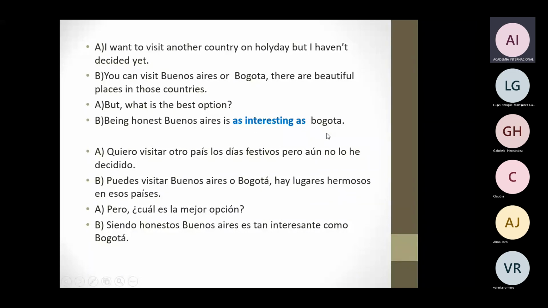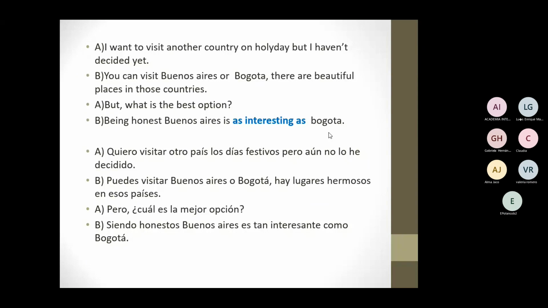They are equal, ¿verdad? They are the same. Es lo mismo. Dice que son tan interesantes. Buenos Aires es igual de interesante como Bogotá. And I'm using the structure after the verb to be. Buenos Aires is as interesting as Bogotá.